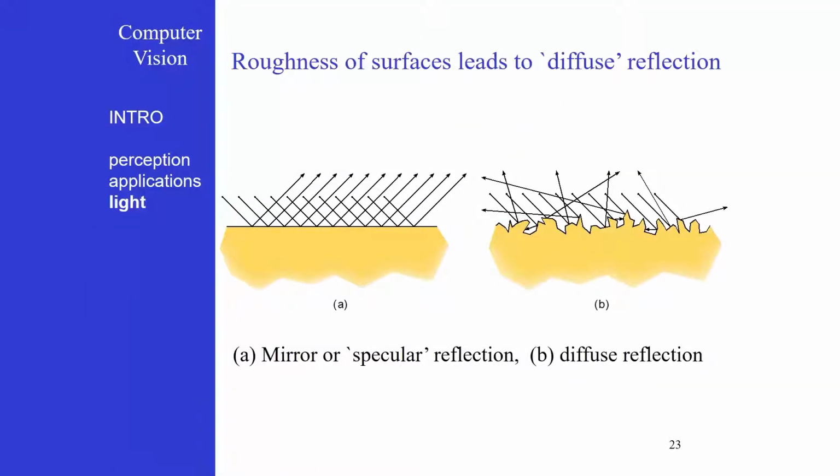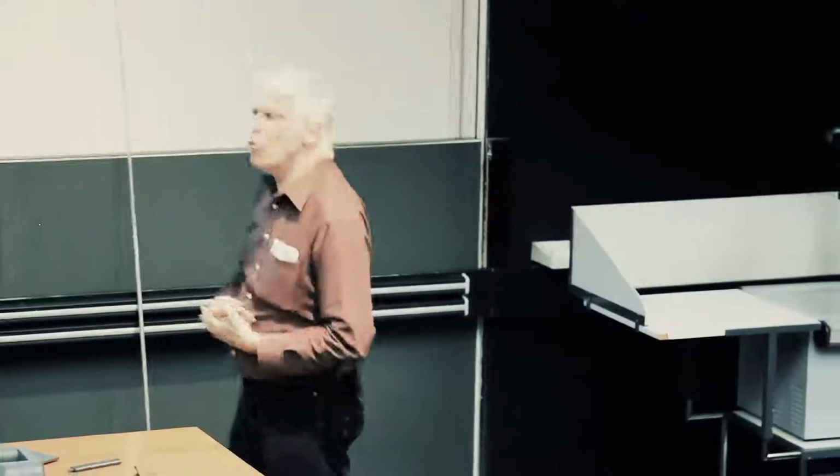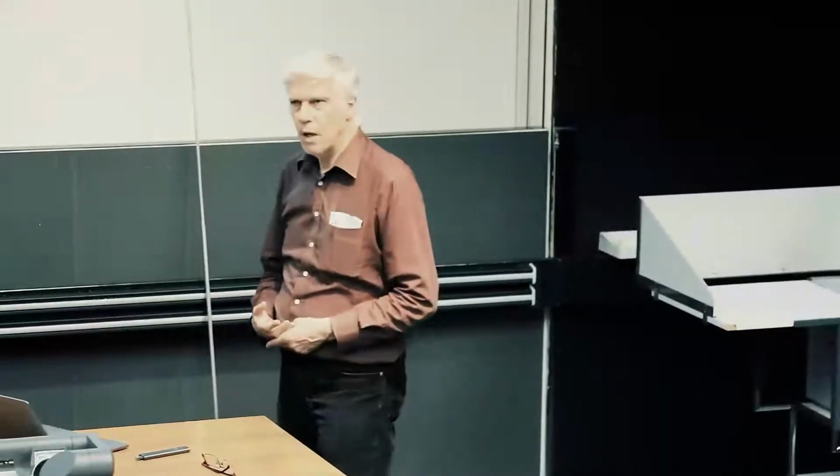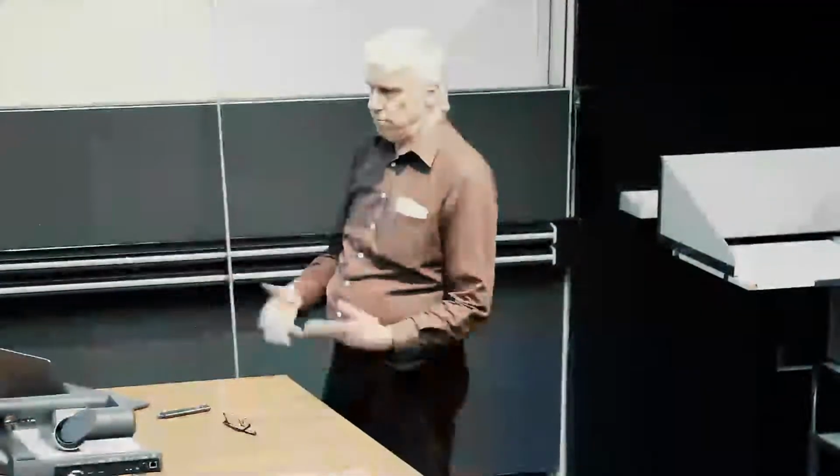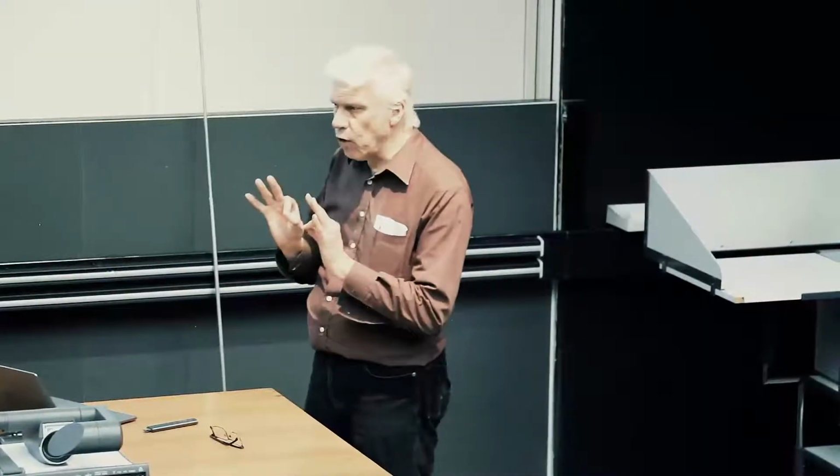Okay, now from these very flat, shiny surfaces, flat at the level of the wavelength of light, to more realistic surfaces. Even if the surface may seem very flat to us, like the tabletop here, it is of course at the level of the wavelength of light not quite so flat.